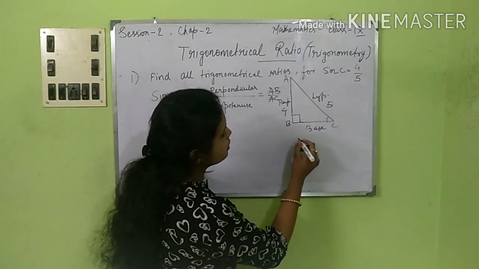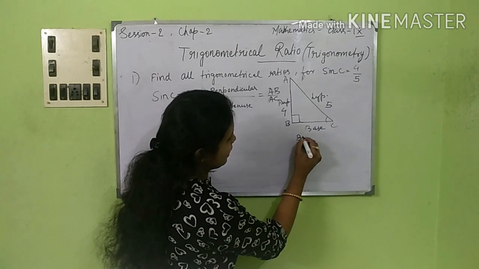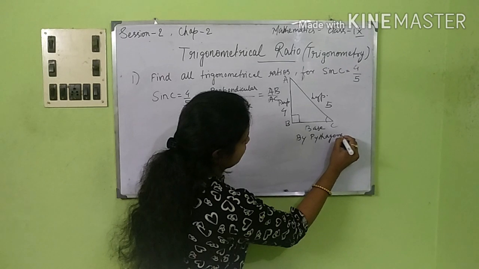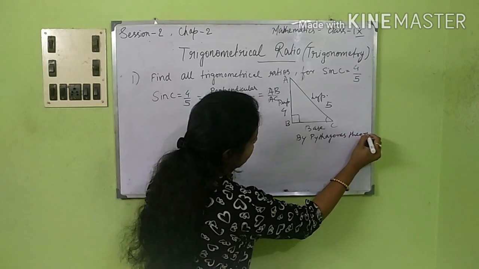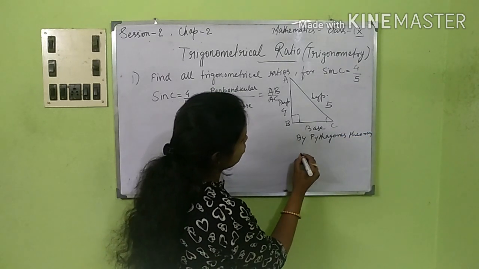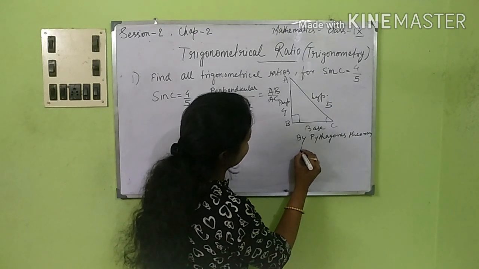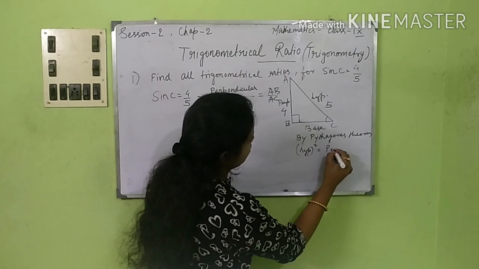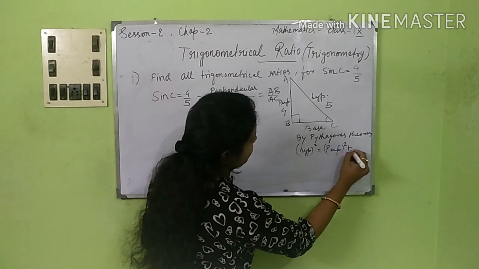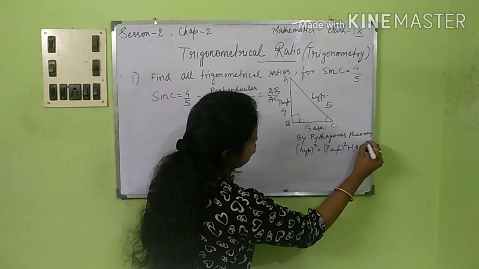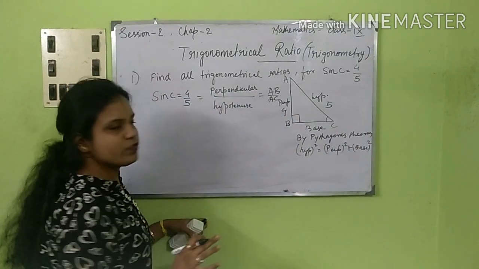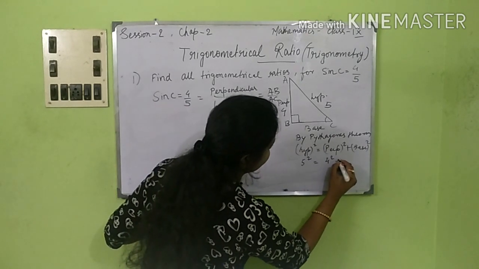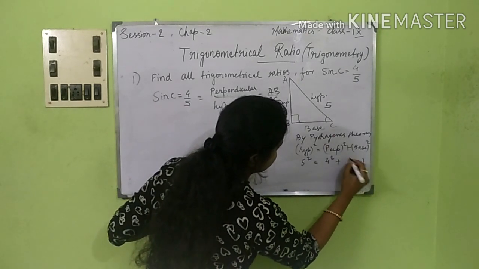So according to the Pythagoras theorem, we know that hypotenuse square is equal to perpendicular square plus base square. Here hypotenuse we are already having, 5 square is equal to perpendicular square, 4 square, plus base square.